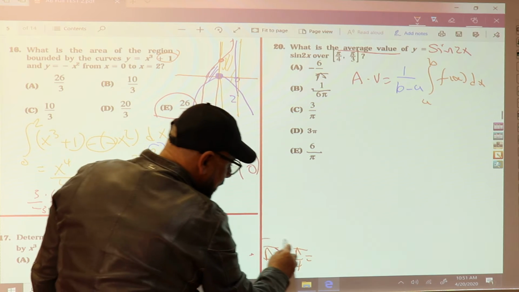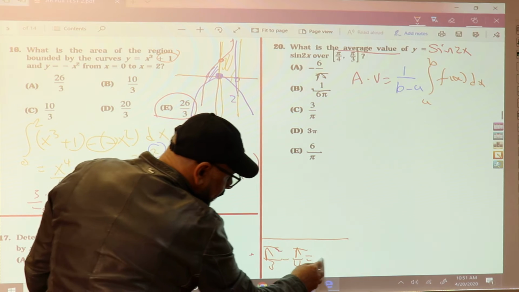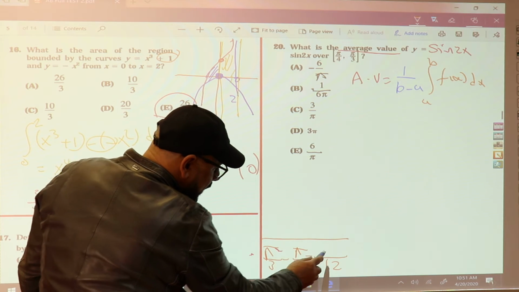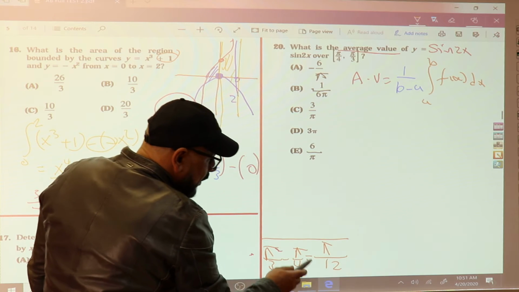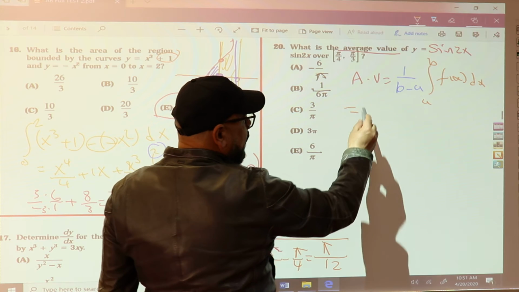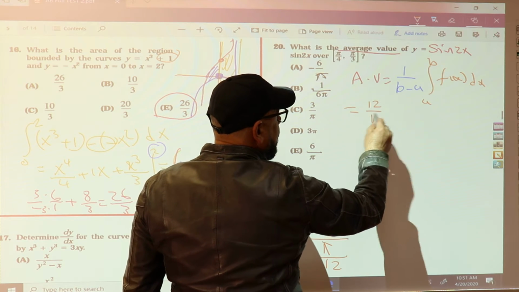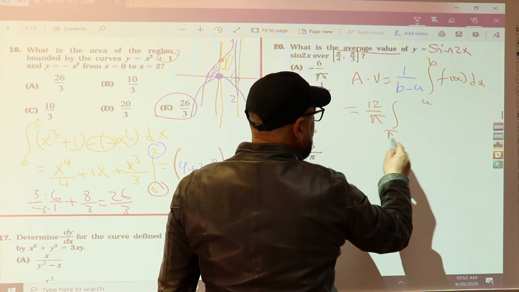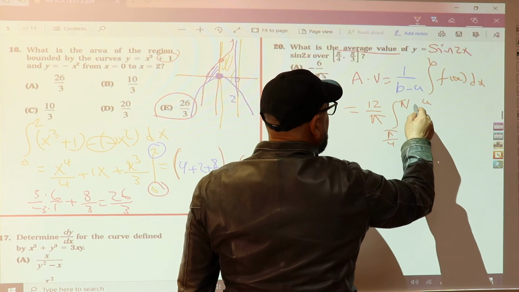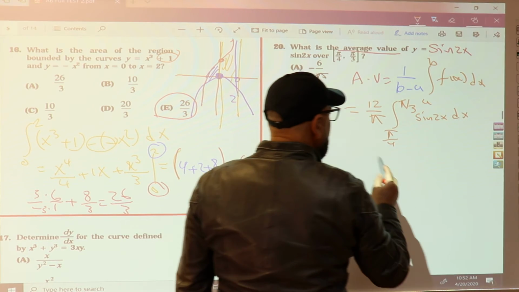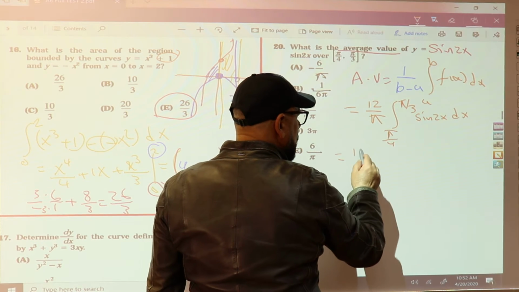We have a common denominator of 12. 4 minus 1 is pi. When we flip it, we have 1 over it, which is 12 over pi. Okay, integration from pi over 4 to pi over 3 of sine 2x dx, times 12 over pi.